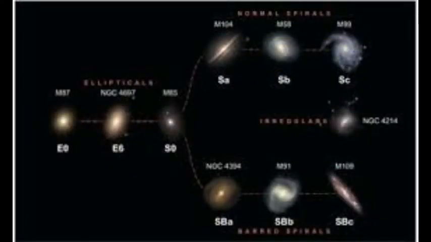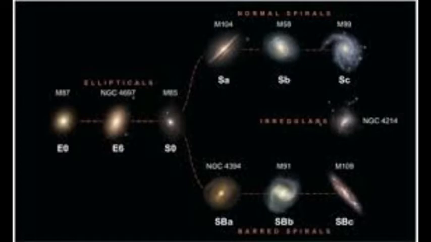Edwin Hubble invented a classification of galaxies and grouped them into 4 classes: spirals, barred spirals, ellipticals and irregulars. This classification is still used to describe galaxies.